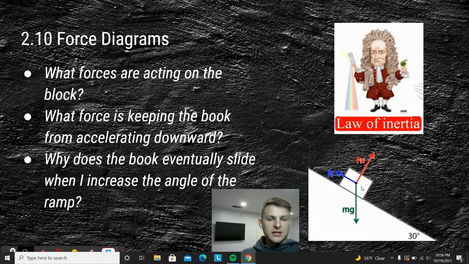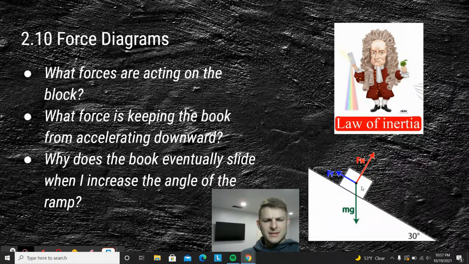If I have a block sitting on an incline ramp, what you'll know is that as long as this ramp has some sort of friction associated with it, as the ramp is moved from a flat plane to a more inclined plane, it tends to start to glide down the inclined plane, right? The steeper the ramp or the inclined plane, the more likely the book is going to slide down the plane.